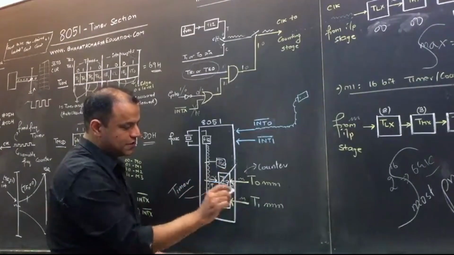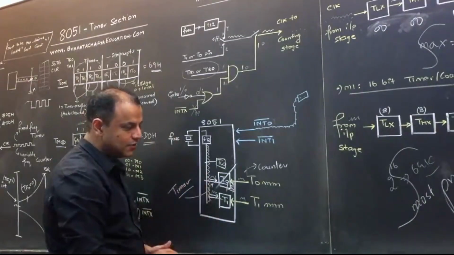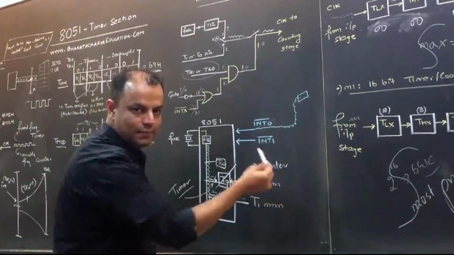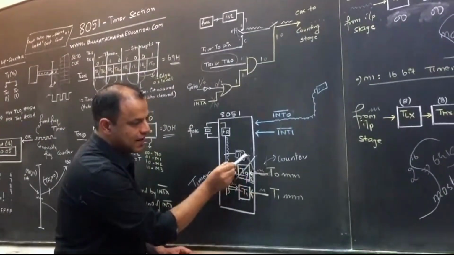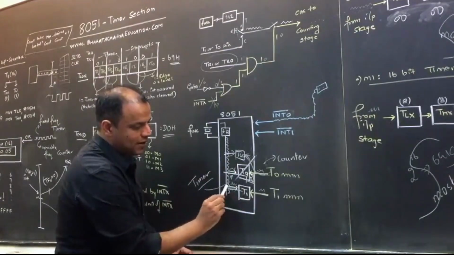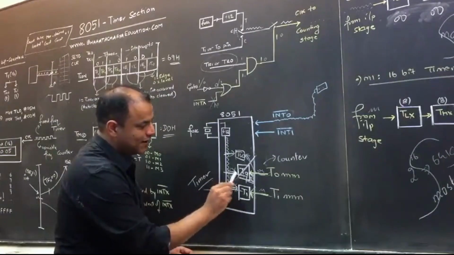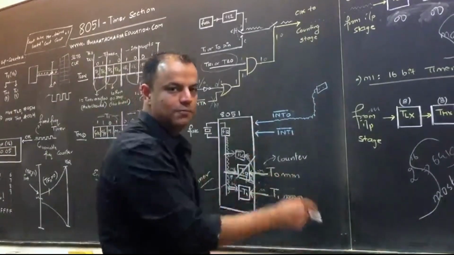All the 3 can function as timers because for that they need internal clock. How can all function as counters? Where will the third clock pin come from? So timer 0 lower byte can work as a timer as well as a counter. Timer 1 can work as a timer as well as a counter. Timer 0 higher byte has only one option. It can only work as a timer because there is no third pin to make it a counter.